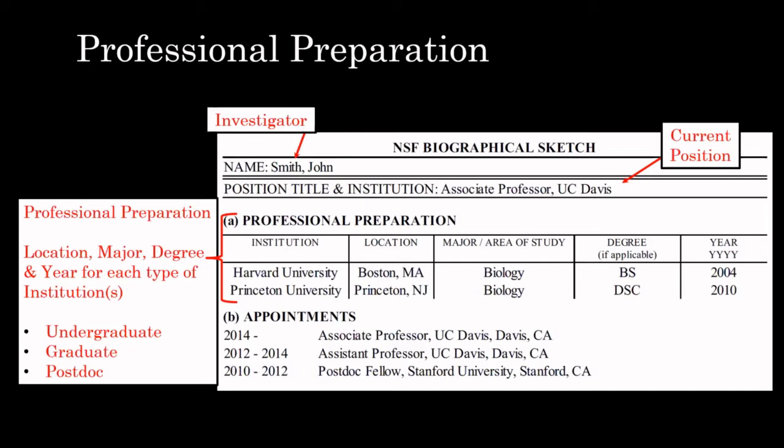So Harvard University, Bachelor in Science, 2004 is listed first. Princeton University, the DSc here in biology is listed 2010, that's second. So in order, undergraduate, graduate, postdoc.